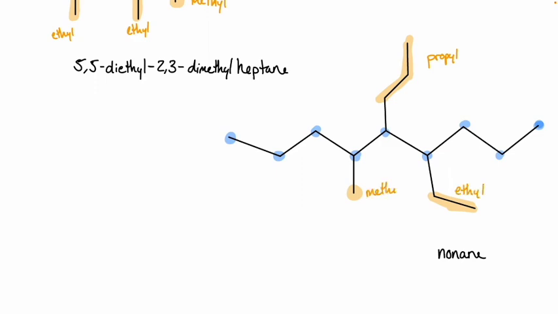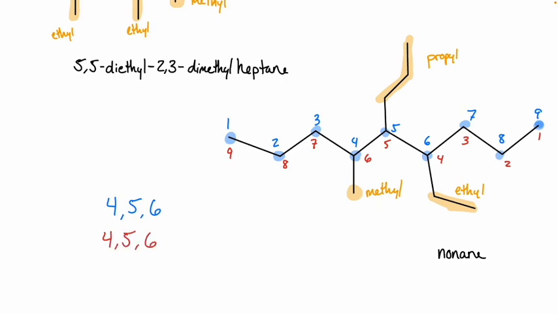Here's a methyl. If we put in our numbers, 1, 2, 3, 4, 5, 6, 7, 8, 9. In our blue, it would be 4, 5, 6. If I go the other direction, 1, 2, 3, 4, 5, 6, 7, 8, 9. It would also be 4, 5, 6. So we've got a tie.